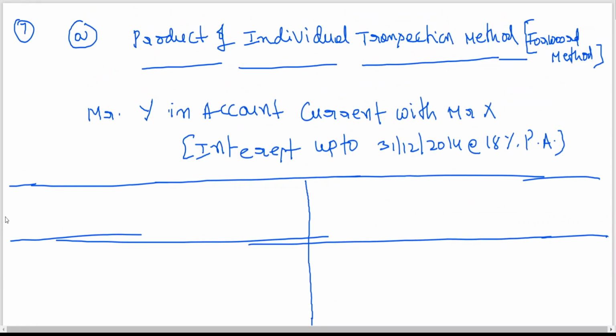So the first column as usual we write date, particulars, then due date, number of days, amount, and product.